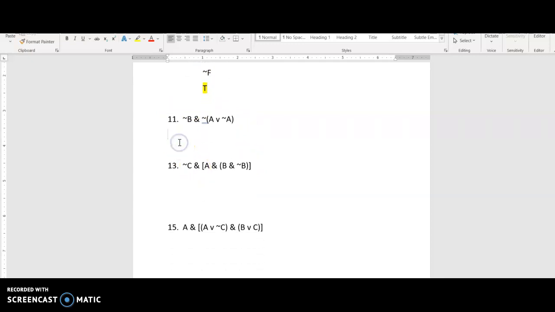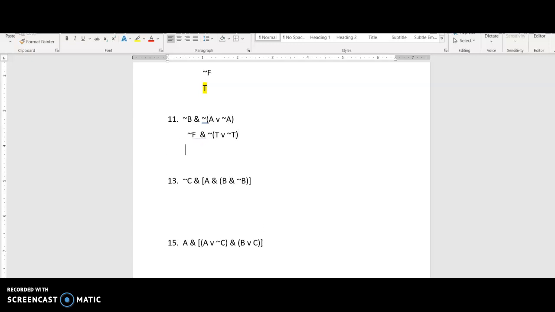Okay, 11, I'm running out of time, so I'm going to go fast. So B is false, but the negation of false gives us a true. Conjunction, negation of T or not T. So again, not false, or negation of a false sentence, true.